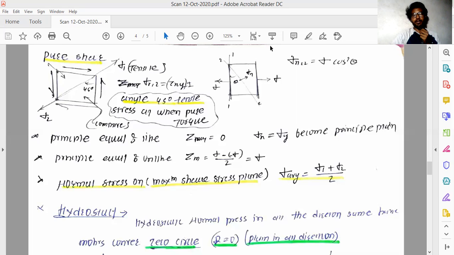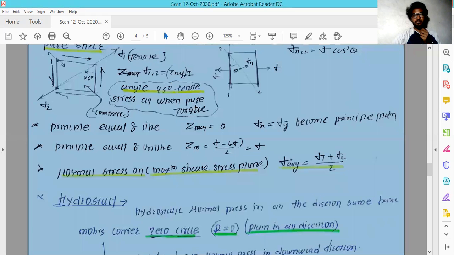The shear stress quantity that is given, you have to take as plus or minus for the major and minor principal stresses, and it always acts on the element at 45 degrees. But if you draw this on the Mohr circle, it will be at 90 degrees.